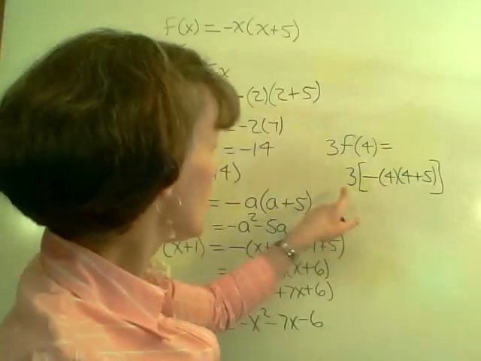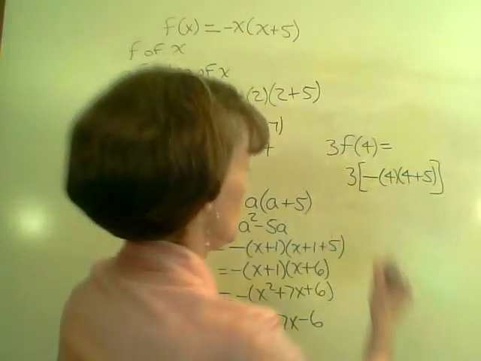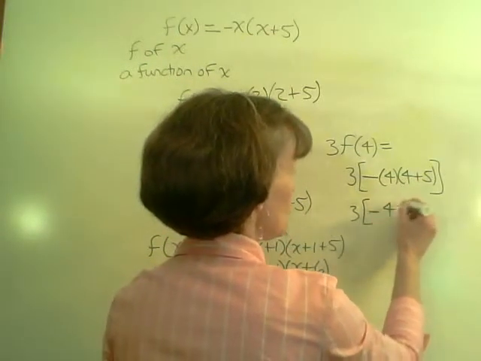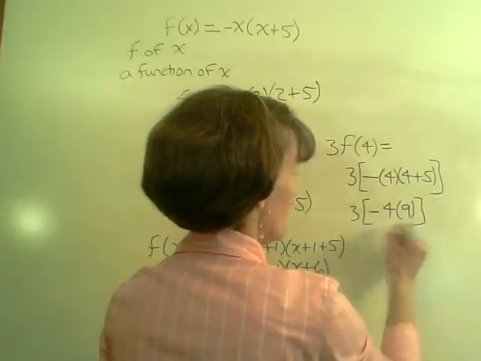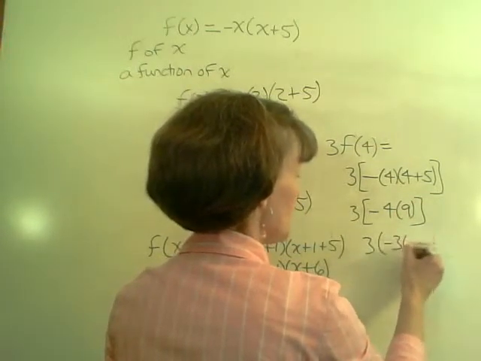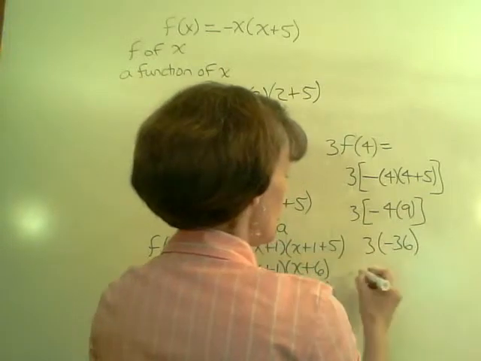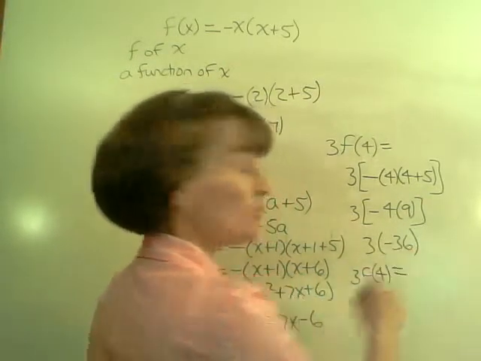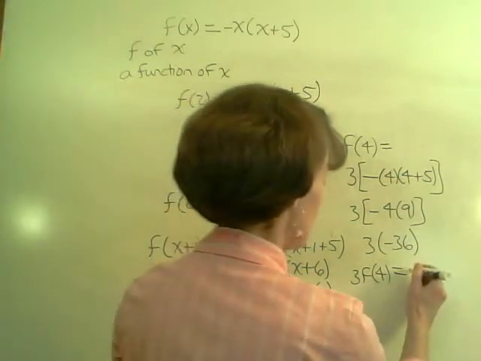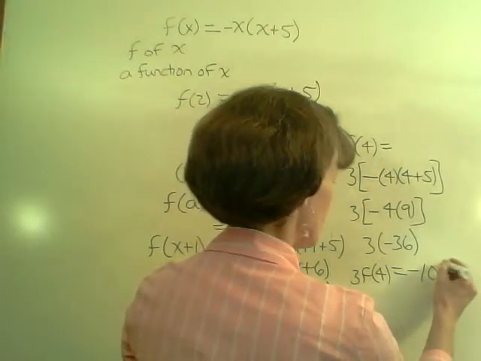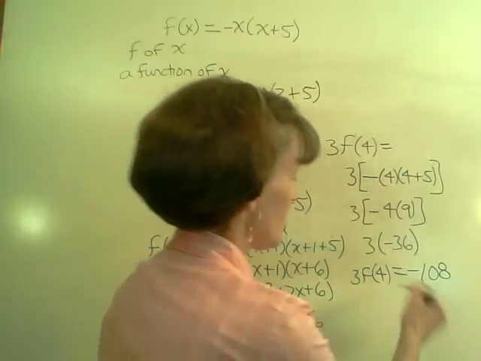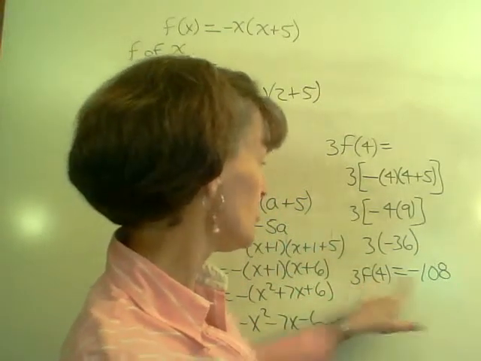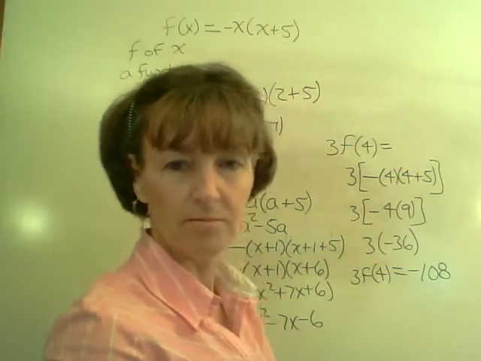And so you have 3 times what's in parentheses. So 3 times negative 4 times 9, or 3 times negative 36. So 3 times f of 4 equals negative 108. This means that 3 times y when x is 4 is really going to be negative 108.